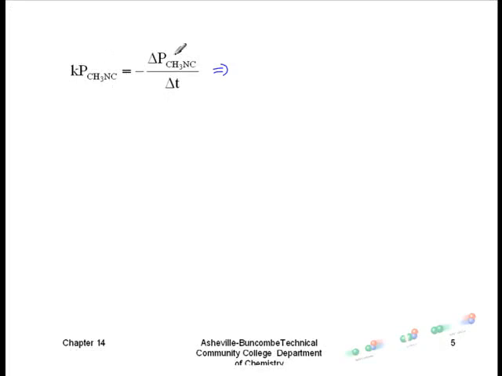I'm going to rearrange this expression. I'm going to collect the partial pressures on one side and then bring K and delta T together on the opposite side. And what we see here is the partial pressure for the reactant divided by the partial pressure of the reactant is going to be equal to the negative of K times the temperature change.